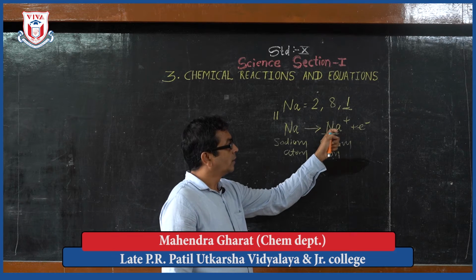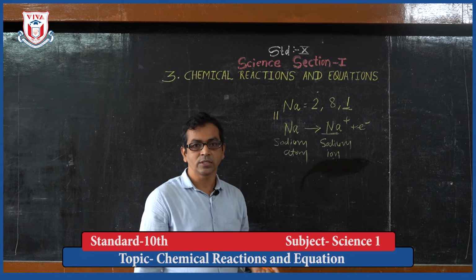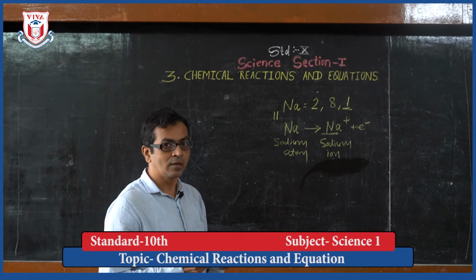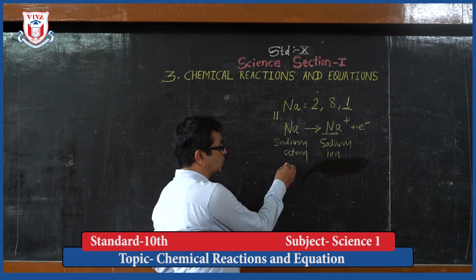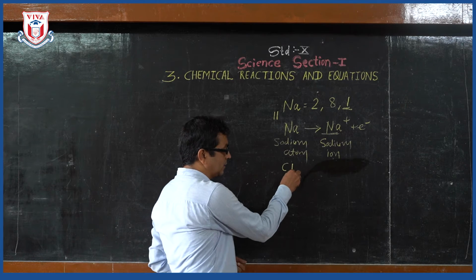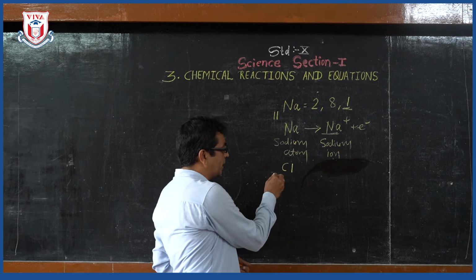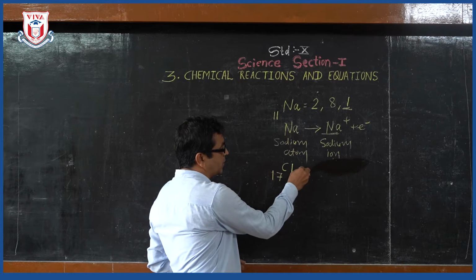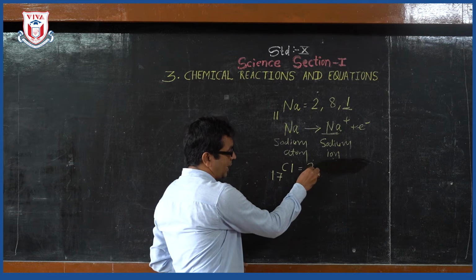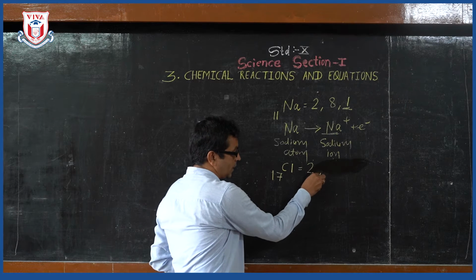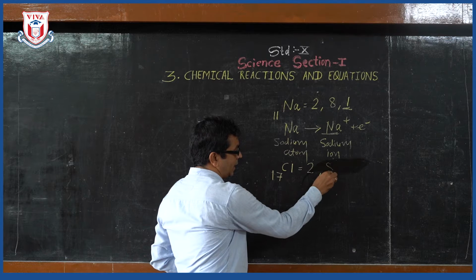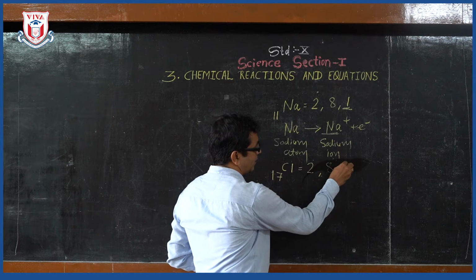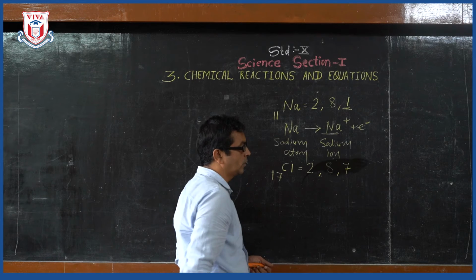When a metal loses electrons and forms positively charged ions, they are called cations. In the same way, take the example of chlorine. Symbol is Cl. Atomic number of chlorine is 17. You can distribute electrons: in the first shell 2 electrons, in the second shell 8 electrons, and in the last shell, that is the third shell, 7 electrons.